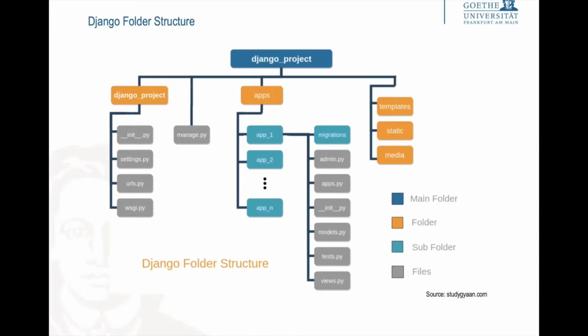In the middle, you have basically the main logic building blocks and the apps. And on the right side, you see basically static files, templates, etc., which are often separated from the other folders, but this is really up to the developer himself.